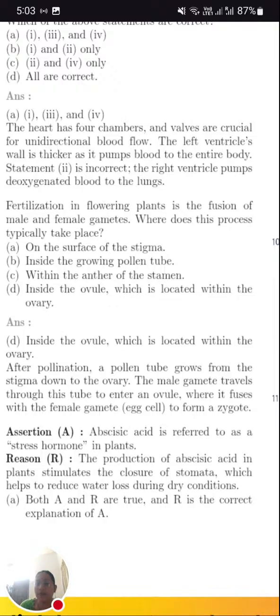If the plant has high water content, the guard cells will become turgid and make the stomata open. And when it is in dry conditions like a desert, the guard cells shrink and the stomata close.